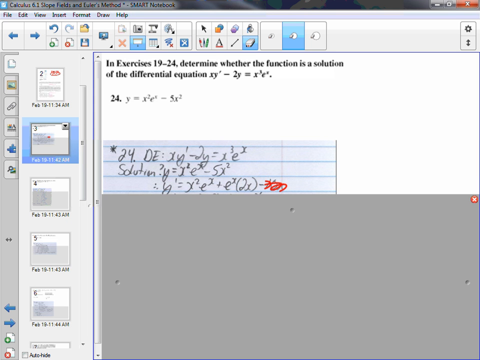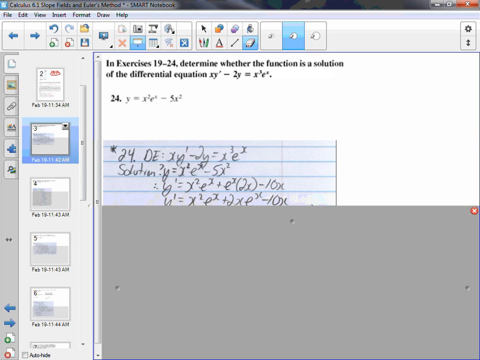And then the derivative of negative 5x squared is negative 10x. So about as simply as we can write that derivative is like that: x squared e to the x plus 2x e to the x minus 10x.